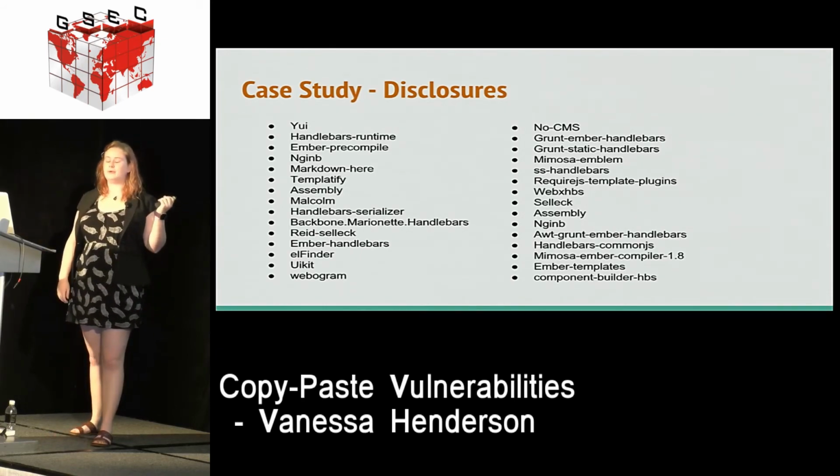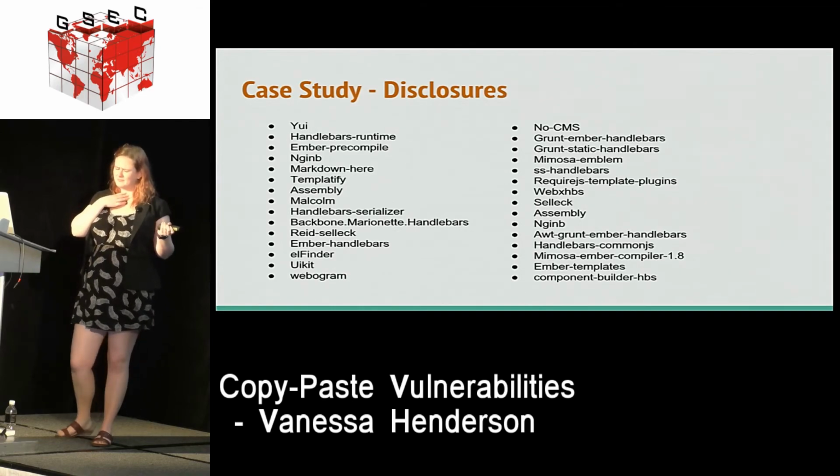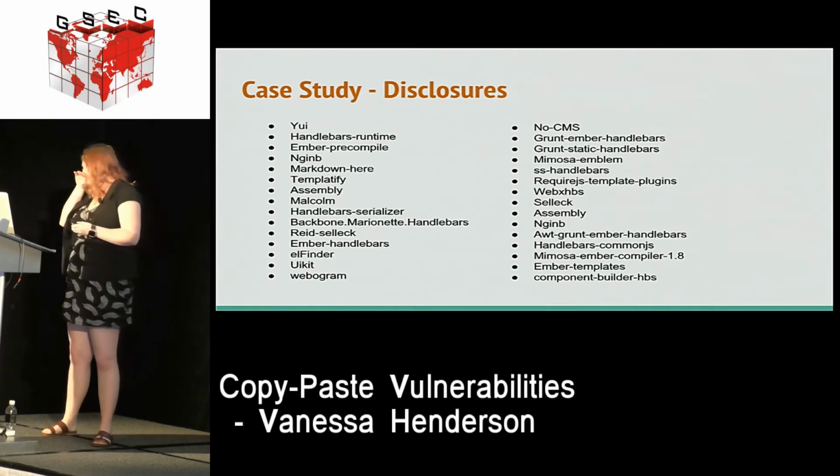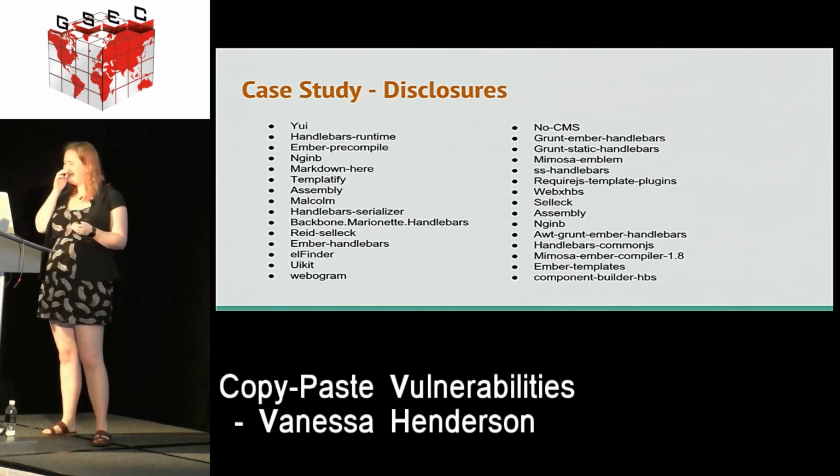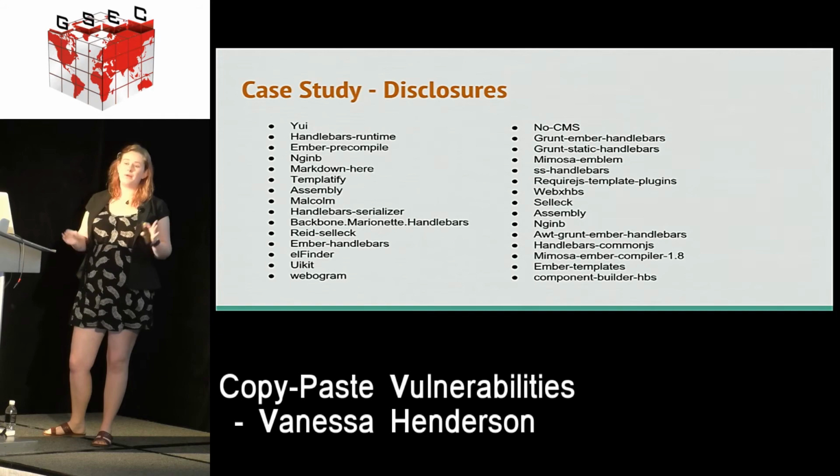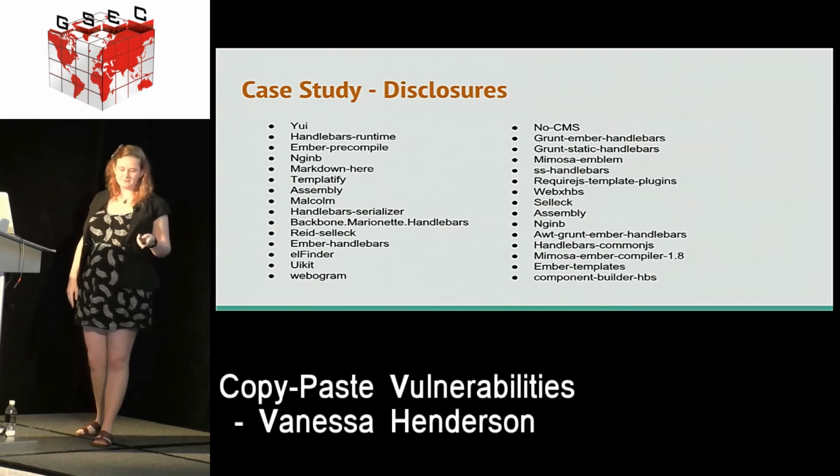And out of the 42 disclosures that we did, only 5 actually went on to fix the vulnerability. Whereas a whopping 31 different projects did not even respond. That's not a good ratio, but that's another talk entirely.